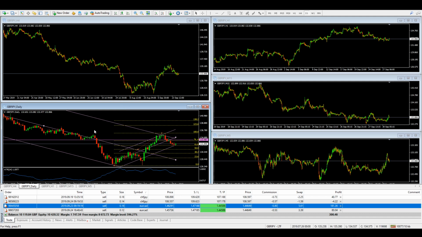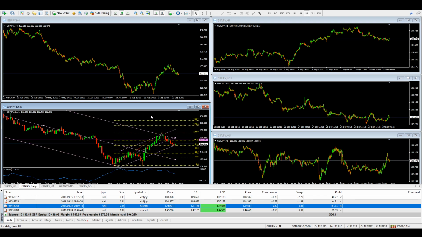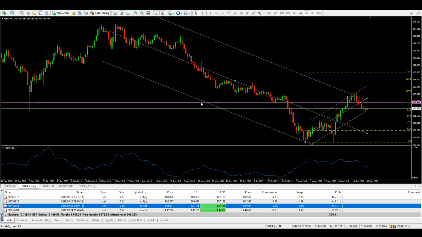Initially what I was looking at is this move here, but that wasn't great in terms of shorting at the moment because of the bullish move that we saw, the retrace of that.